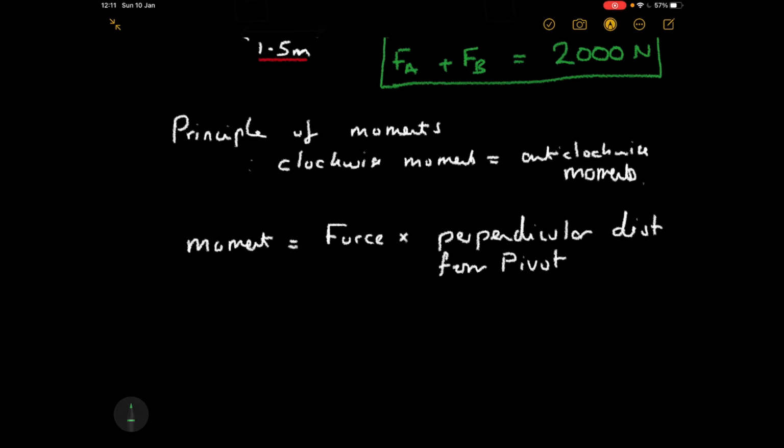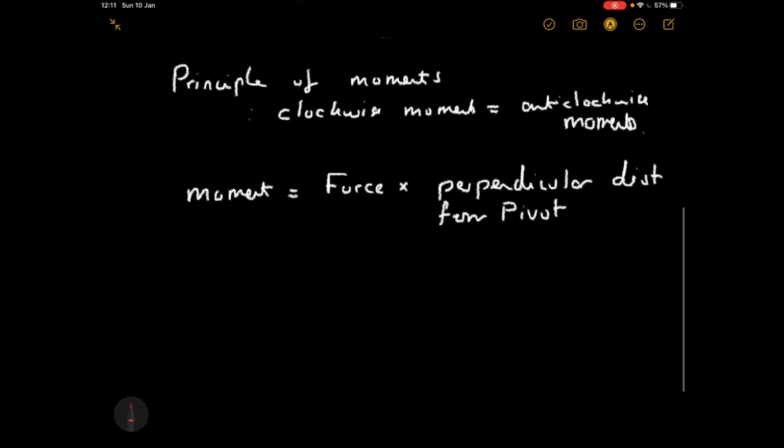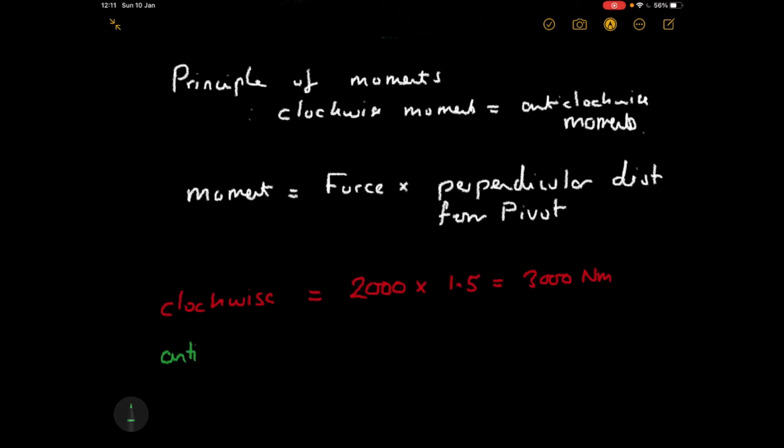So I can now start equating these things. I know that the clockwise moment, which is coming from my weight, is 2,000 times 1.5, which equals 3,000 Newton meters.